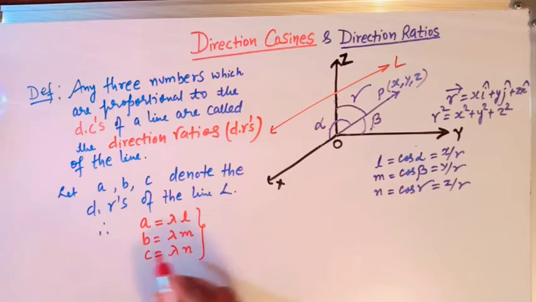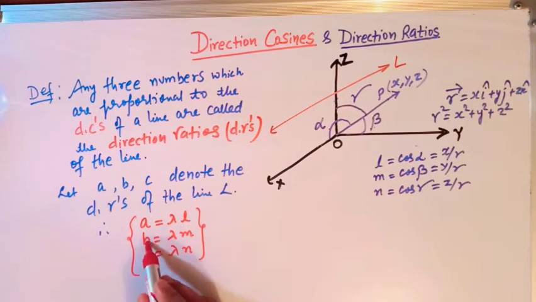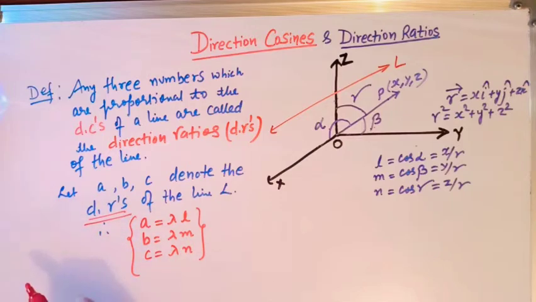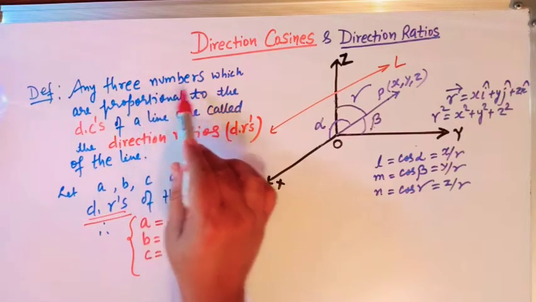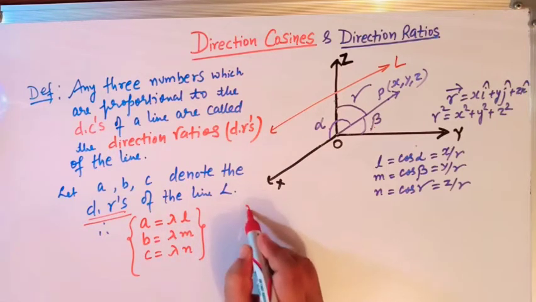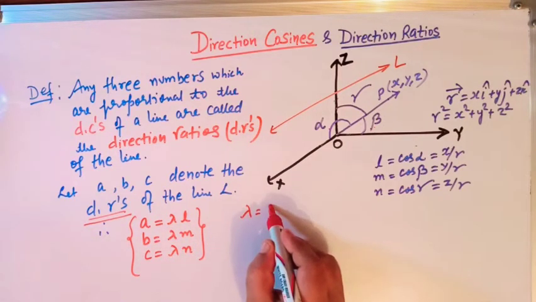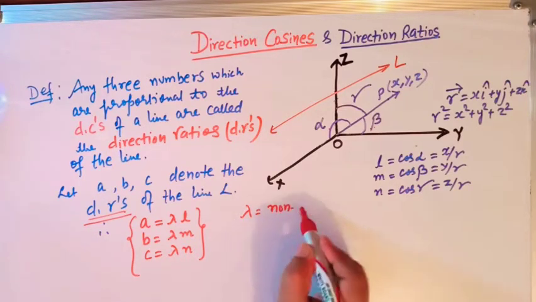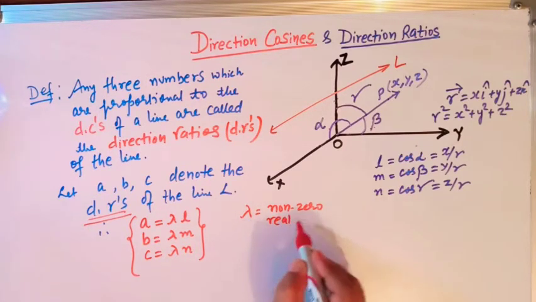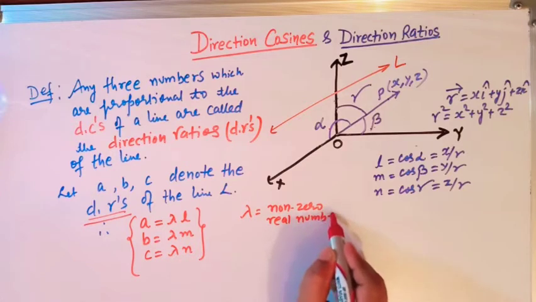So A, B, C are called the direction ratios, and these direction ratios are proportional to the direction cosines, and lambda is a non-zero constant. This is a non-zero real number, right?